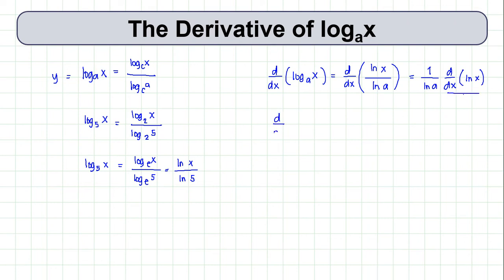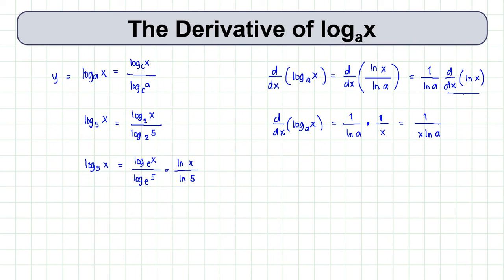Therefore, the derivative of the logarithm of x to the base a is simply 1 over ln a times 1 over x, which is also equal to 1 over x ln of a.